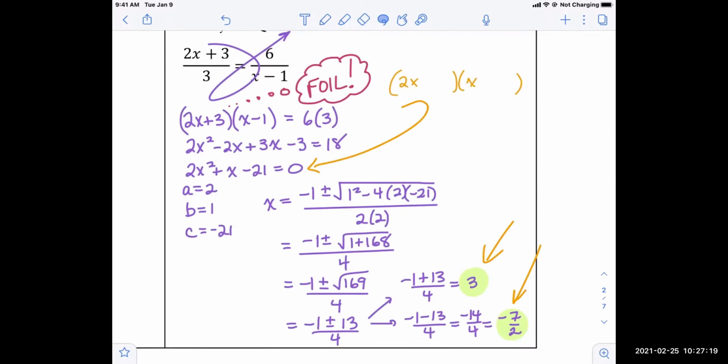We want a plus 1x with a product being -21. So the numbers here have to multiply to -21. And when you add those, they should add to +1. We already know the answers, right? The answers are 3 and -7/2. That should help you. If x equals 3 is a solution, what is one of those factors going to have to be?